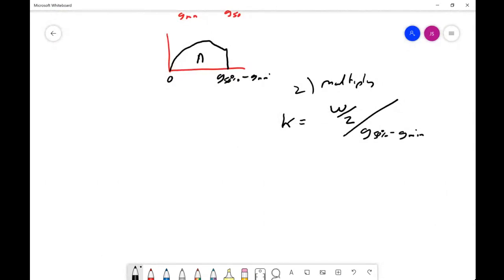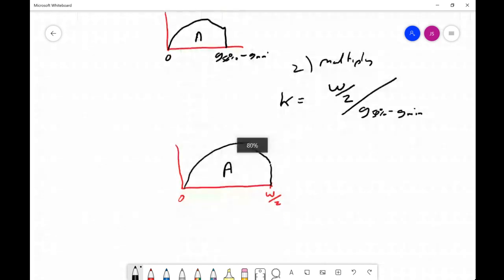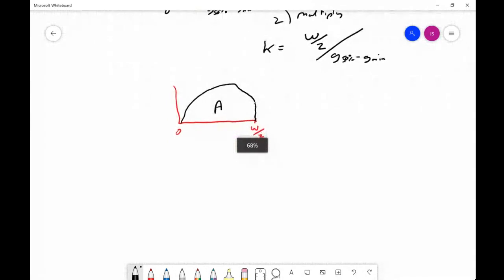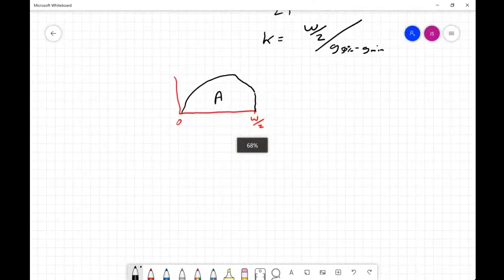Having done that, we get the lower half of the histogram like this, going from 0 to W over 2, and if my drawing is correct, it will look something like that. So that is band A, normalized across the lower half of the intensities. Right, that's all straightforward. That is standard normalization. Now, what about band B?